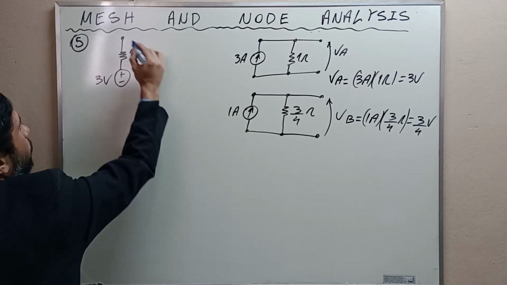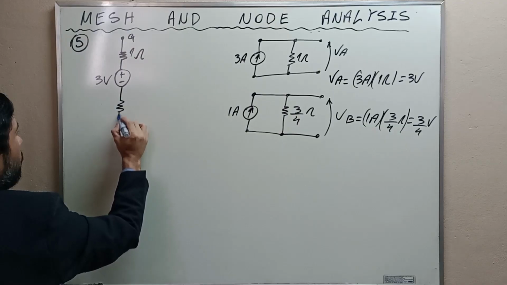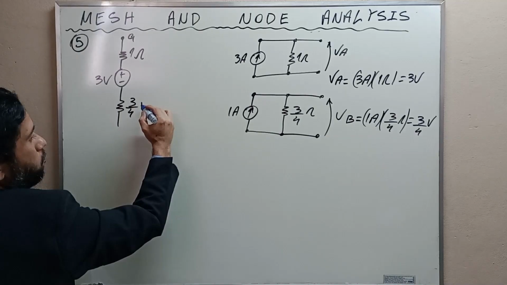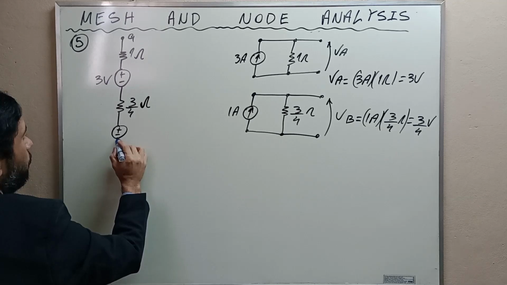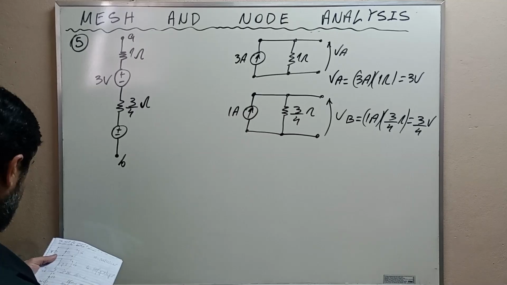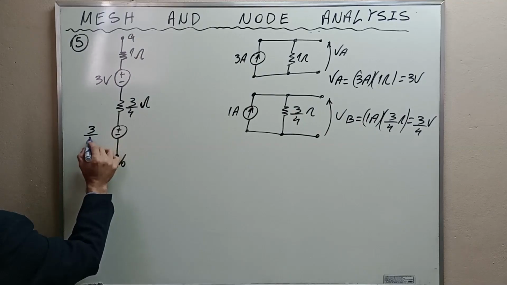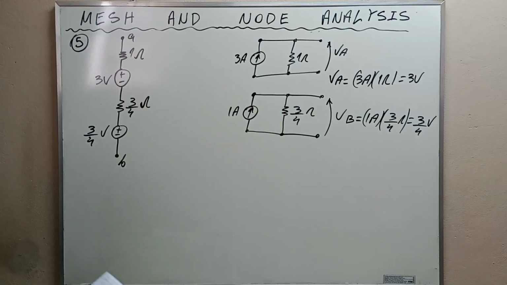This is 1 ohm, this is terminal A. Here 3/4 ohm, and here terminal B. Okay, observe that these are additive, okay, and the resistances are in series.